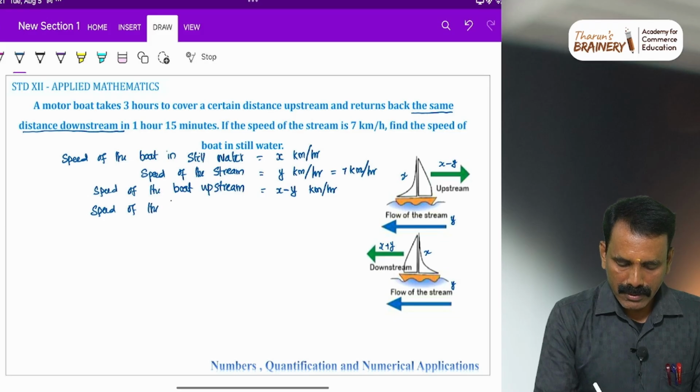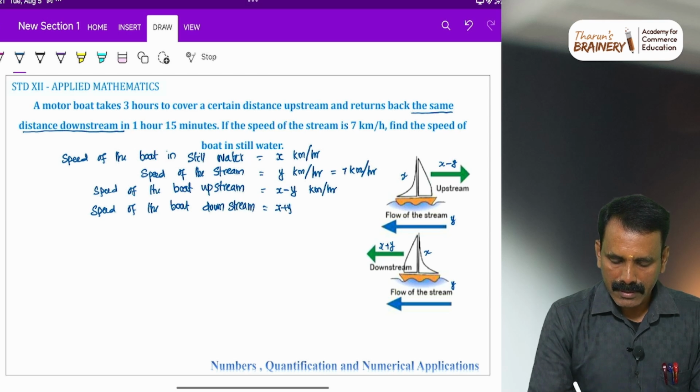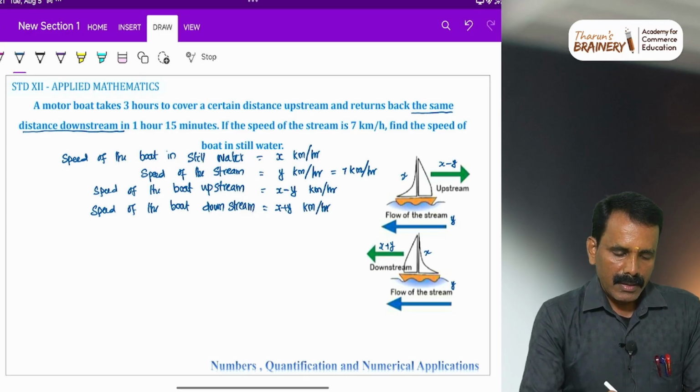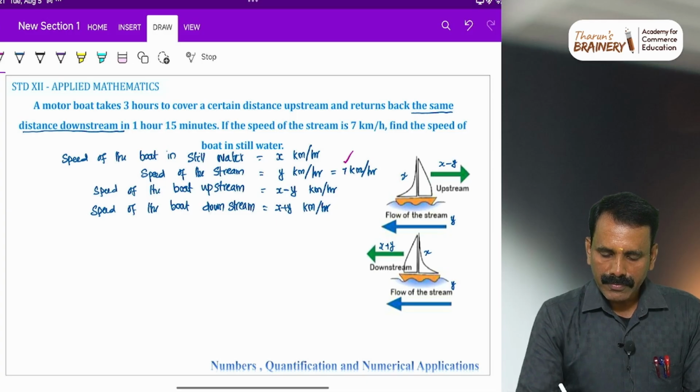Speed of the boat downstream, which is nothing but x plus y km per hour. And the y value is given to us, so we substitute. It is nothing but x minus 7 over here, and here it is x plus 7.